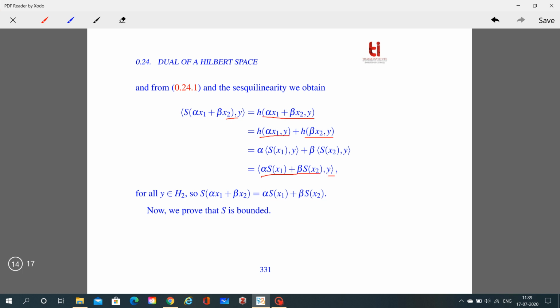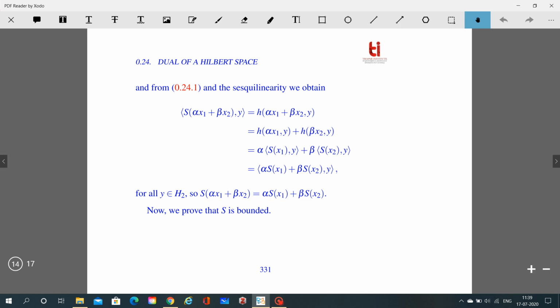We found by the lemma of equality that this part is equal to this part. So it means that S of (alpha x1 plus beta x2) is equal to alpha times Sx1 plus beta times Sx2. So we proved that S is linear.